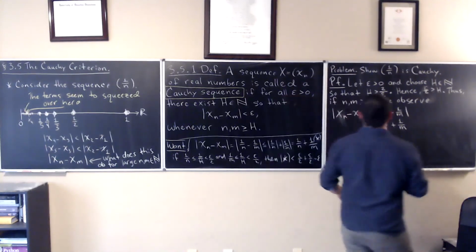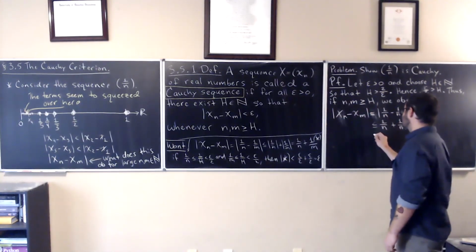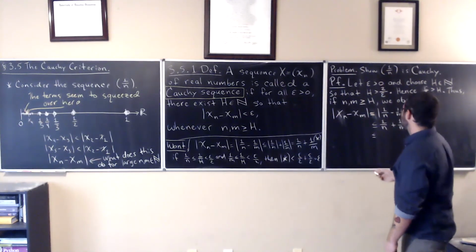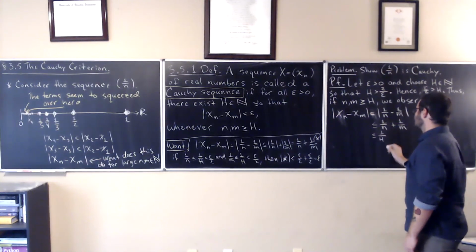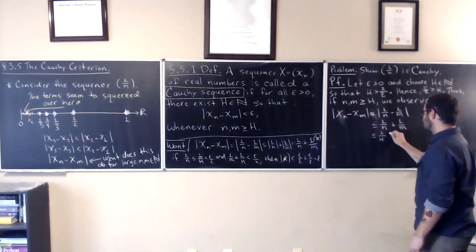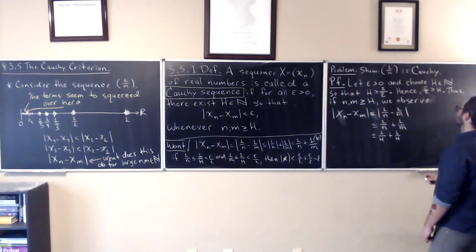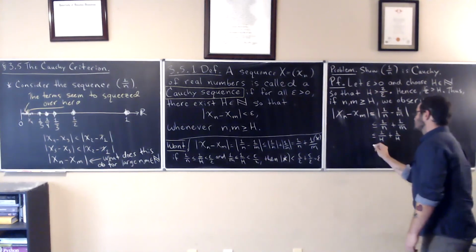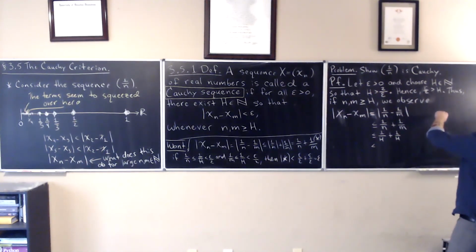But if n is greater than or equal to h, then 1 over n is less than or equal to 1 over h, and m is greater than or equal to h, so 1 over m is less than or equal to 1 over h.